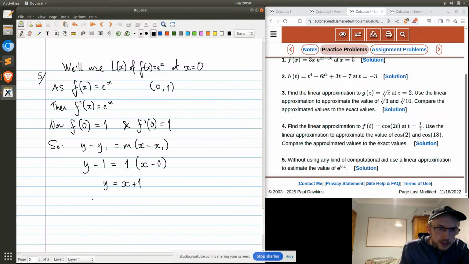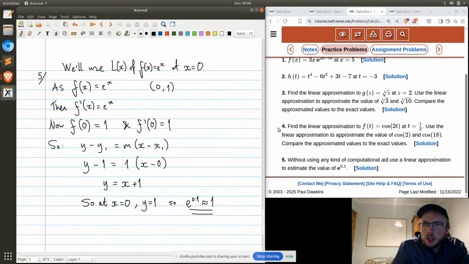So just that. So yes, 1 is the approximation. Right, I get it. Moving on.